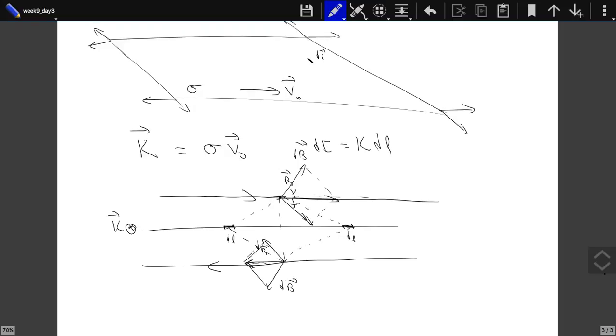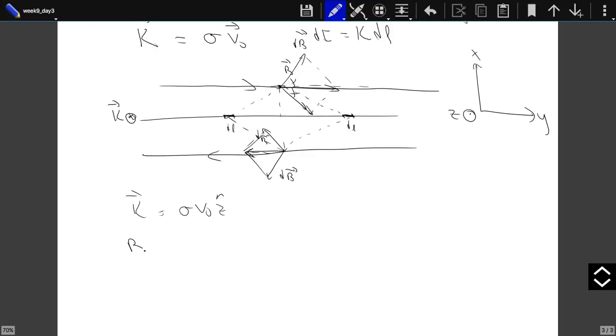So let's say we choose some axis, let me choose this as my x-axis, this is my y-axis, so that the z-axis is into the plane. So k is sigma v0 in the z direction.